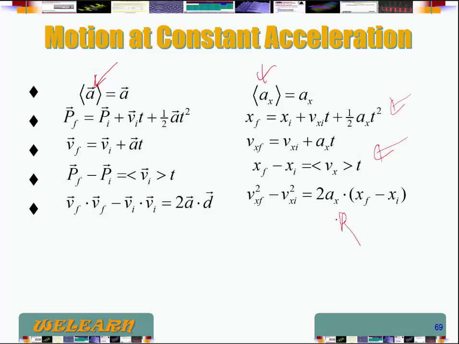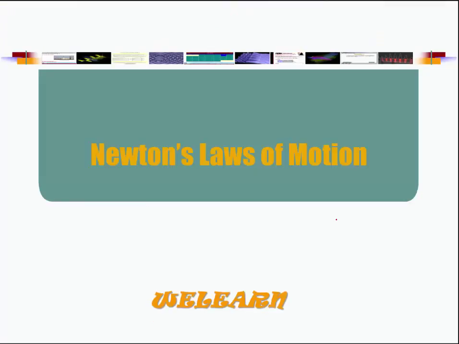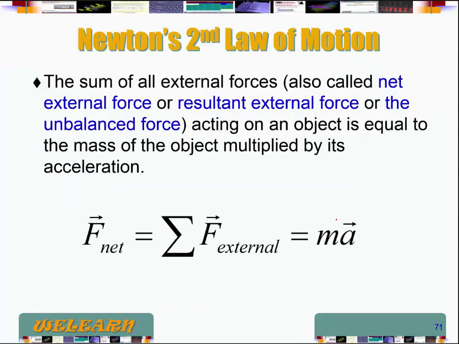Now, one thing that we said about free fall is that the only force is the gravitational force. Another thing that we need to remember is Newton's laws of motion when we talk of force. Remember Newton's second law of motion, which we mentioned earlier when we talked about acceleration.